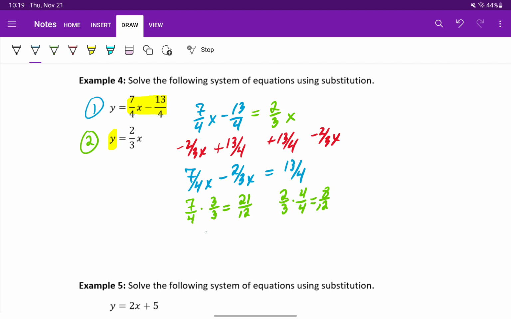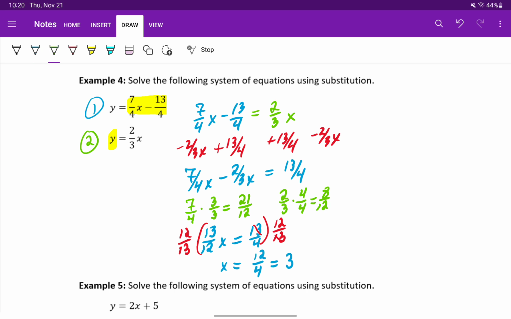Subtracting those from one another will leave us with 13 over 12 is equal to 13/4 on the other side. And then we'll multiply both sides by the reciprocal, which will let our 13s cancel out on the right-hand side, leaving us with x equals 12 over 4, which will reduce to just 3.